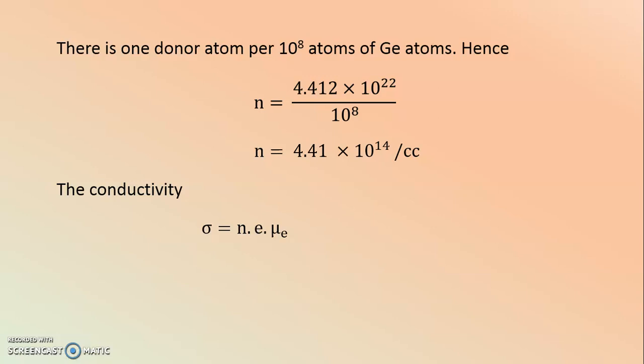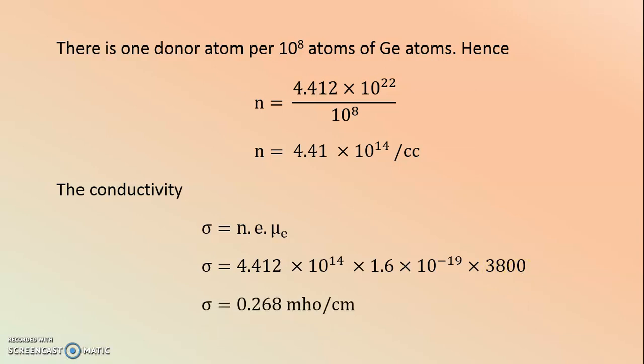So we put in the values: n is 4.412 into 10 raised to 14, e is 1.6 into 10 raised to minus 19, and the mobility is 3800. When you calculate, you will get sigma is equal to 0.268 mho per centimeter. This is the conductivity.